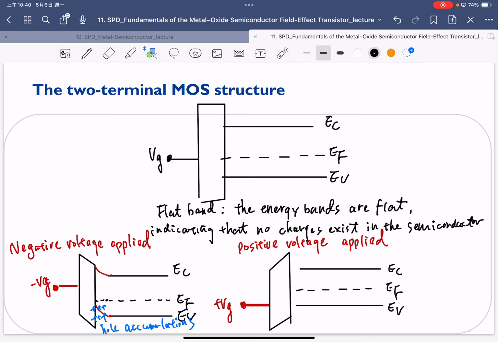So now we can also expect there's band bending in our dielectric, and also band bending at the semiconductor interface.